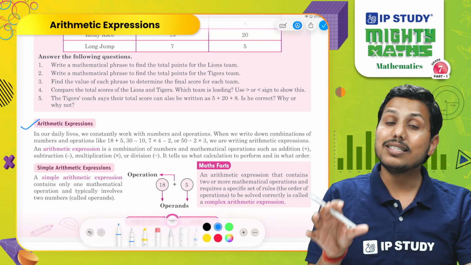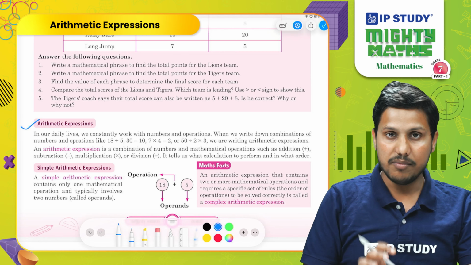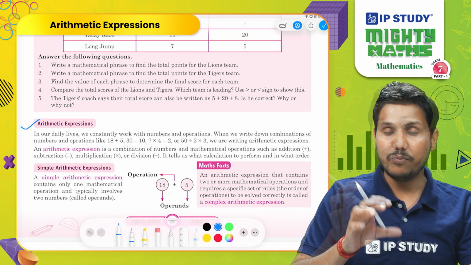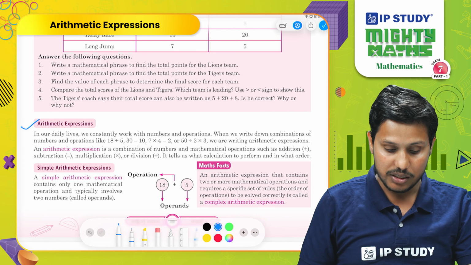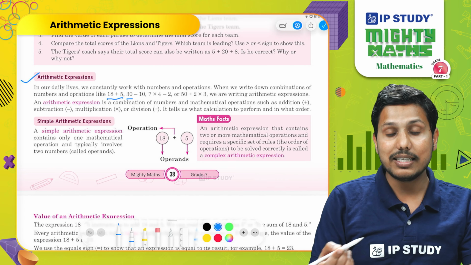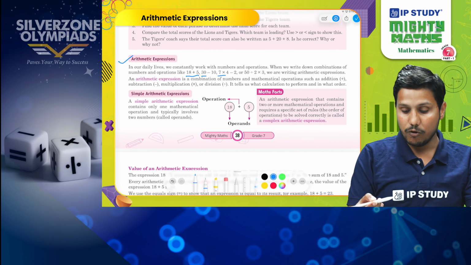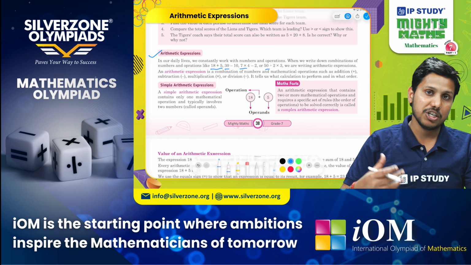But as of now, we are using only numbers, and these expressions, which are numbers along with operations, are called arithmetic expressions, like 18 plus 5, or 30 minus 10, or 7 times 4, 50 divided by 2 multiplied by 3. They can be multiple operations also.